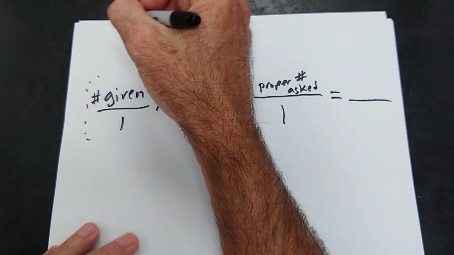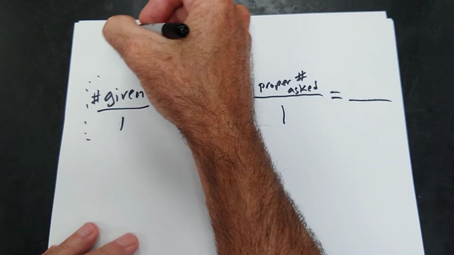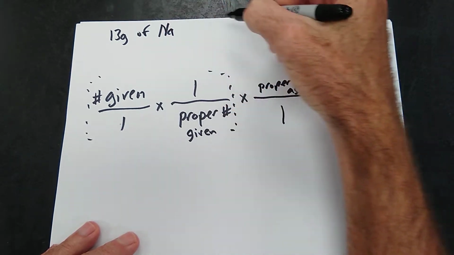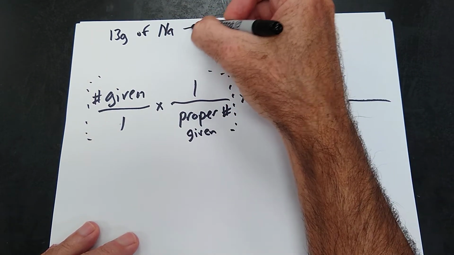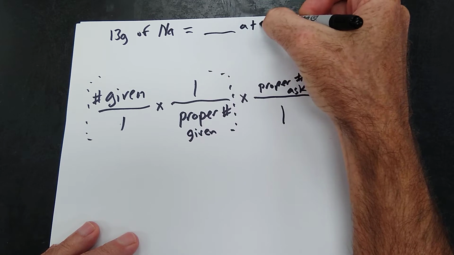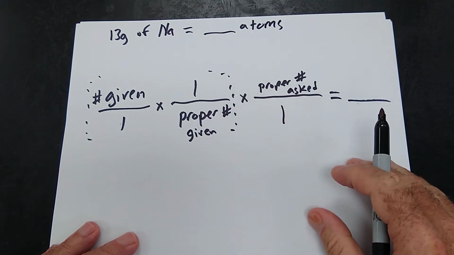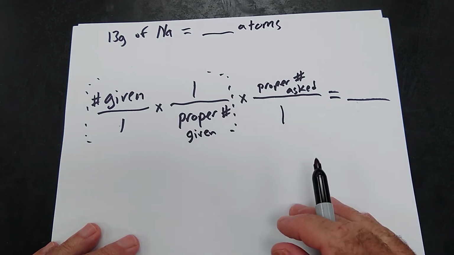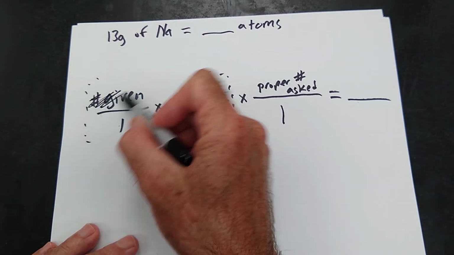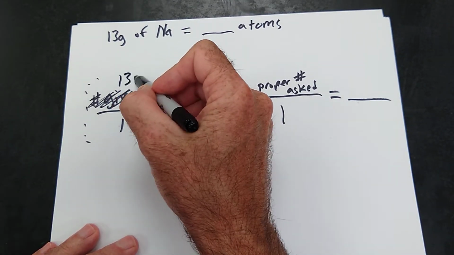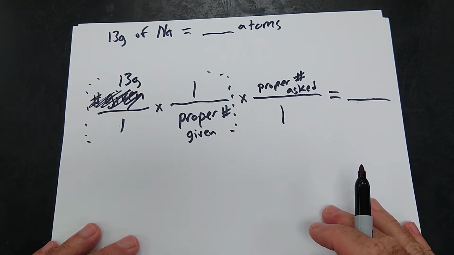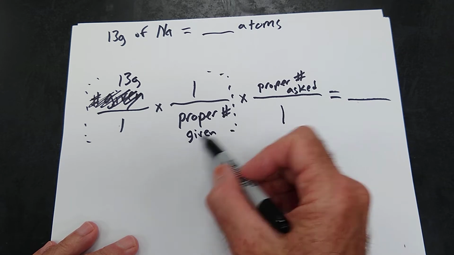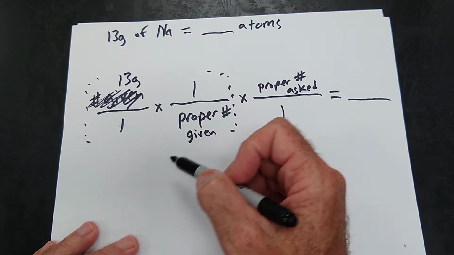Let's start out. Let's say we had 13 grams of sodium, and we wanted to know how many atoms of sodium that equals, okay? So my first question to you is, what is the number given? Correct. It is 13 grams. My next question is, what is the proper number in grams for sodium?